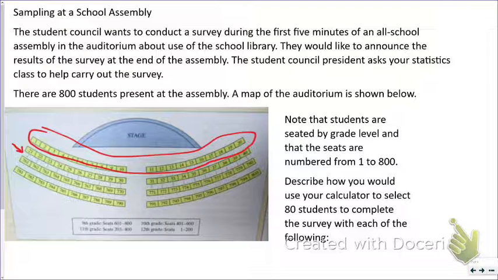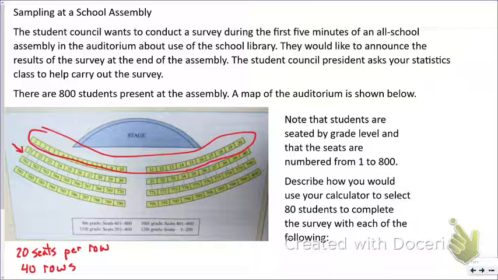I like to call that a row. So then every row has 20 seats. So then, how many rows do we have? So maybe divide 20 into 80, and we have 40 rows.